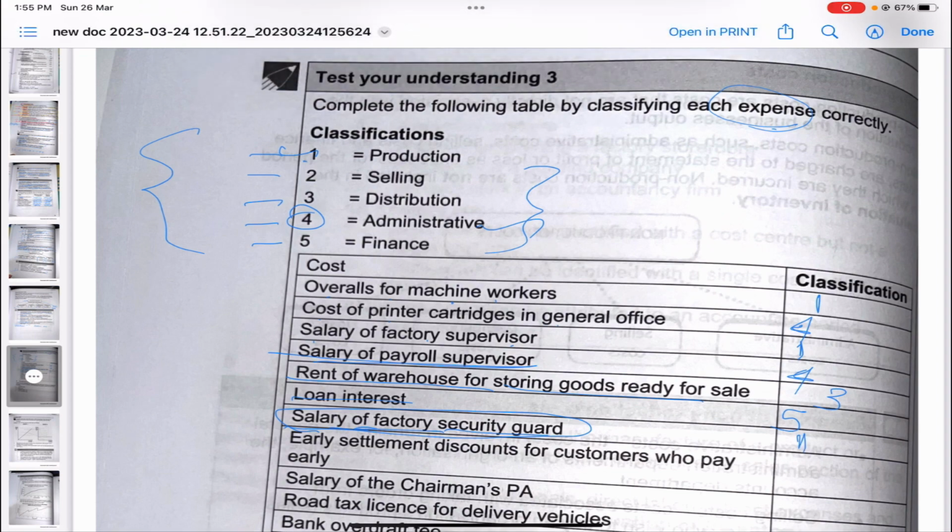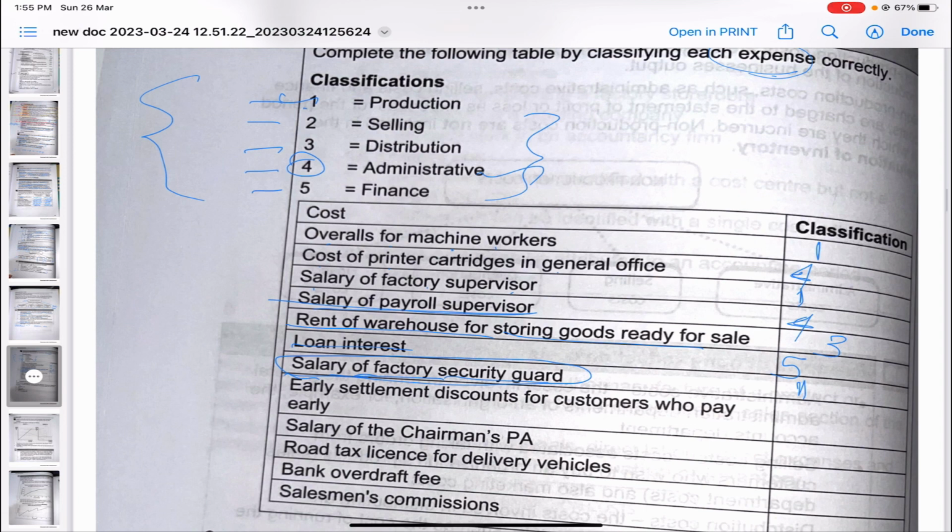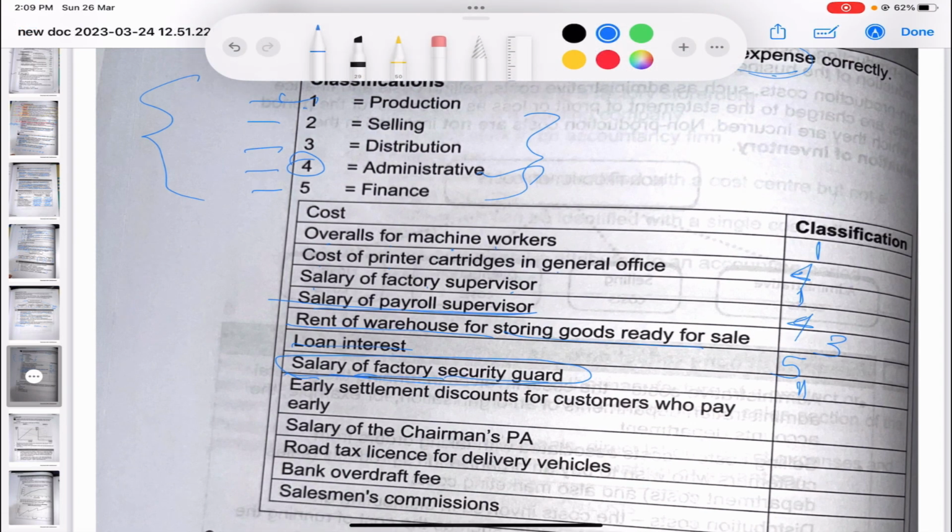Early settlement discounts. You remember what trade discount was, so that is obviously related to selling. Salary of chairman's PA. Whoever our chairman is, their personal assistant. What do you think this should be?